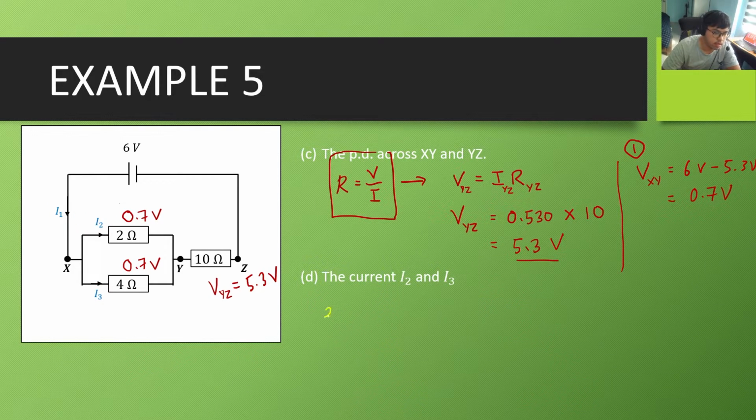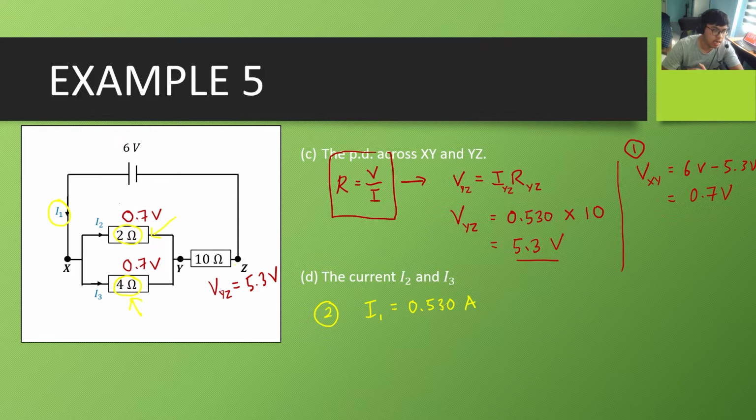The second method is using I1 and the ratio between the two resistors. Okay, so you know I1, which is the main current, is equal to 0.530 amps. And when it goes to I2 and I3, this will split up. But as you can see, I3 has double the resistance of I2.